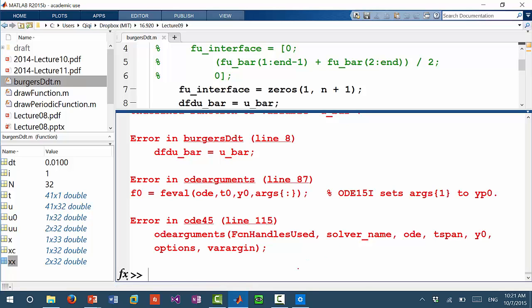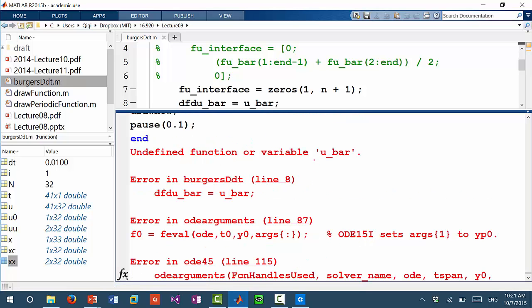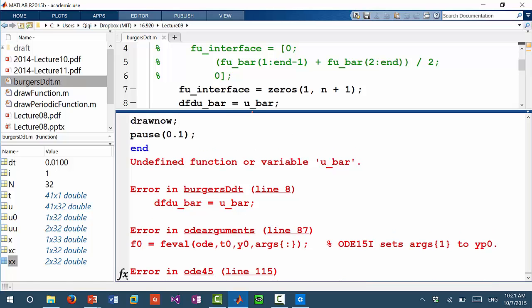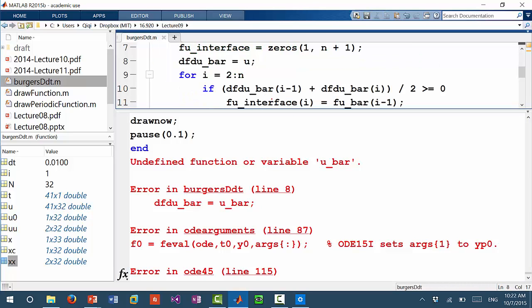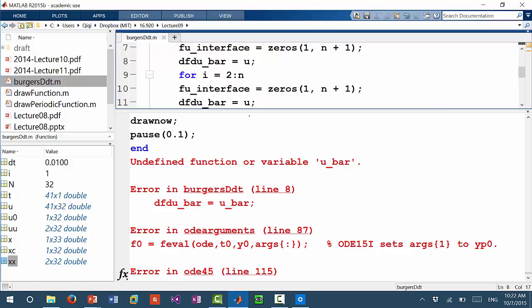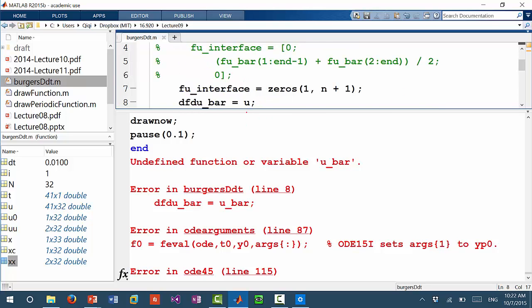Oh, undefined variable u bar. Oh, equal to u. Yeah, so u bar is actually u, right? Absolutely right. So let me do this again.